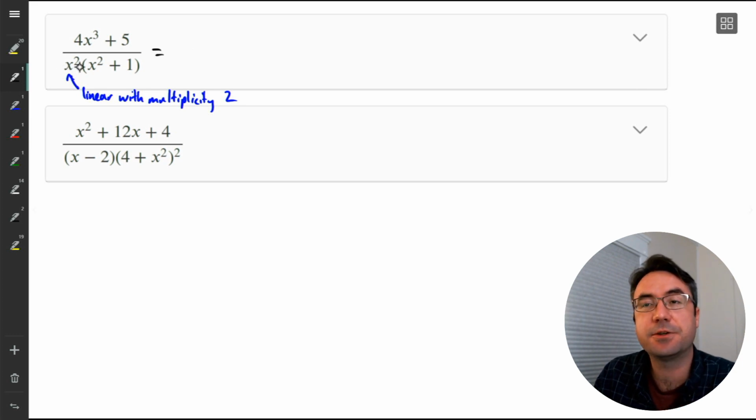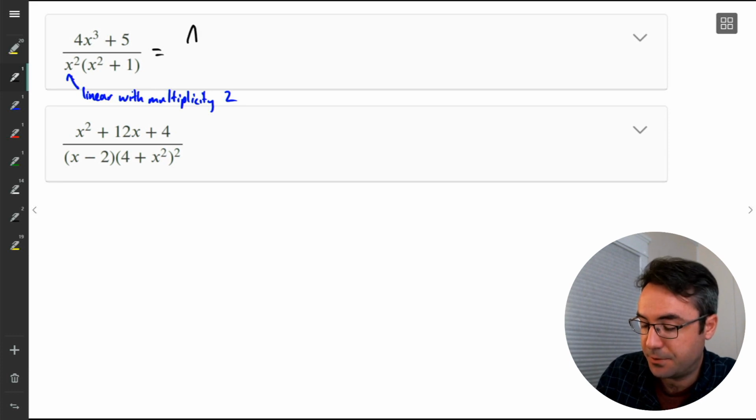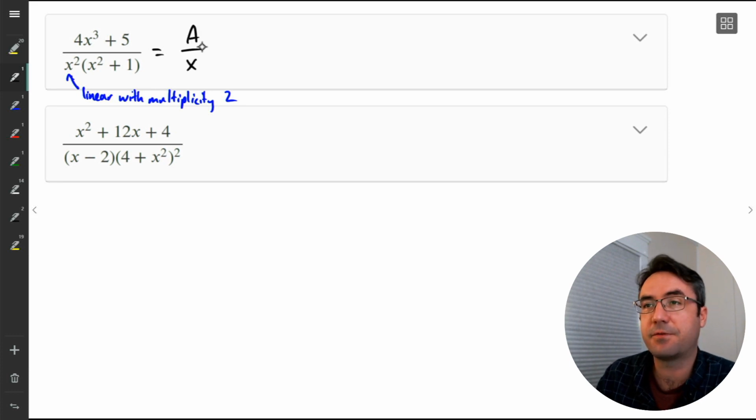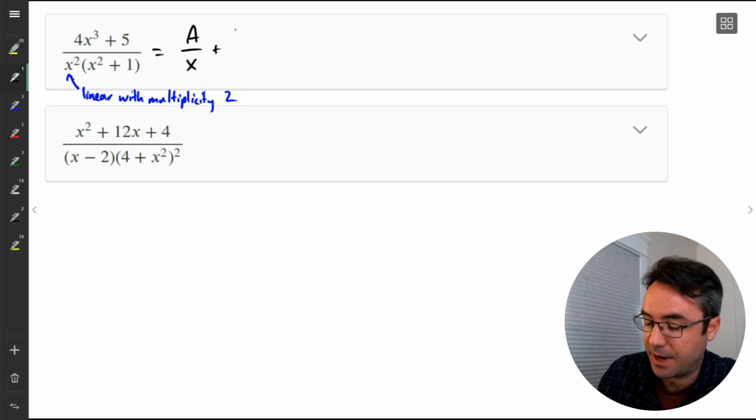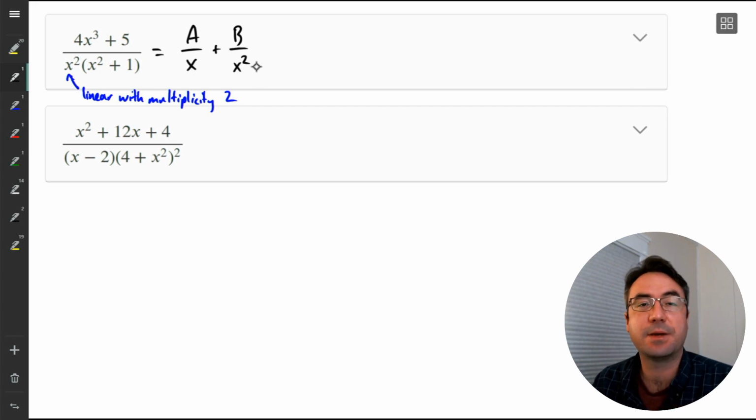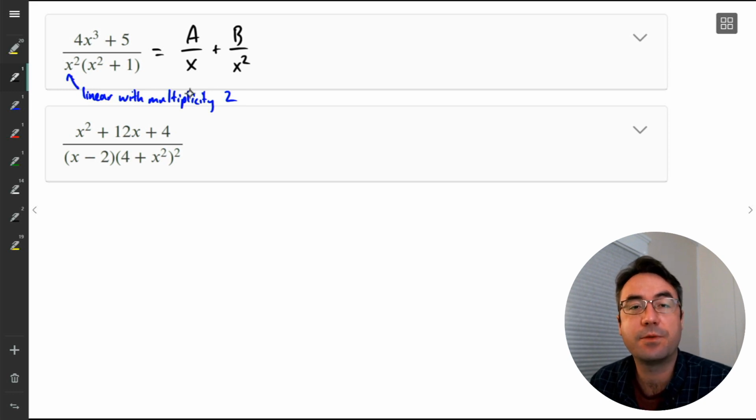This is a linear term with repeated multiplicity, so we're just going to start our fraction as a over x. And since it happens twice, we're going to do a second fraction, and we'll increase the exponent, so we'll go from x up to x squared. So we're getting two fractions devoted to that, a over x and then b over x squared.